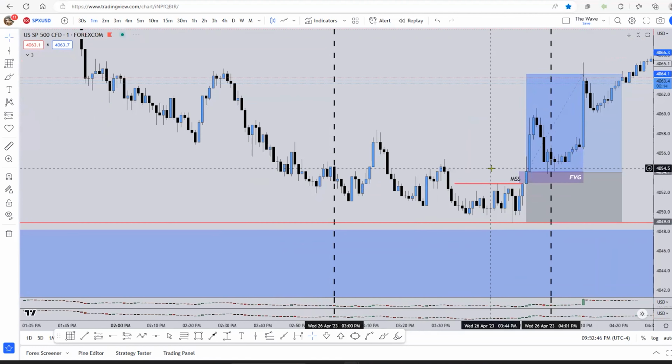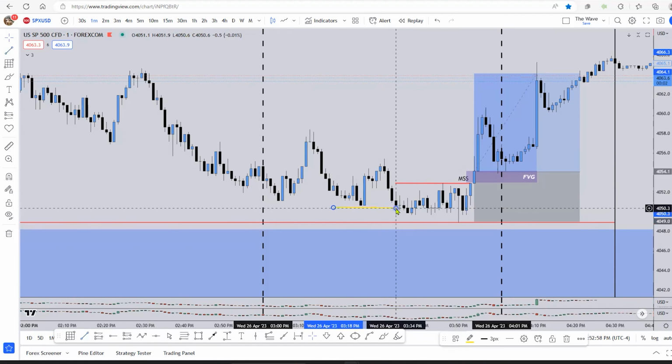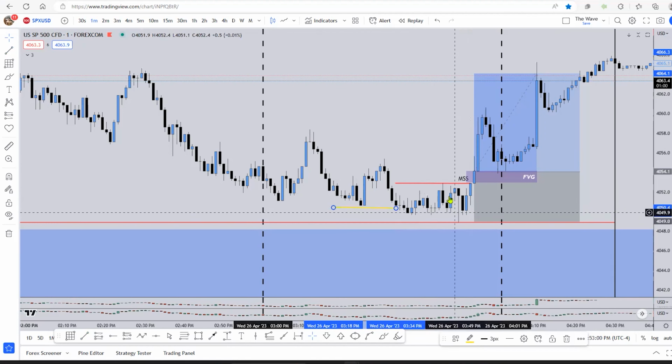Okay. So you see here, we have one more last ditch effort to the end of the day. Sell side is ran here, consolidated, to sell side one more time here.